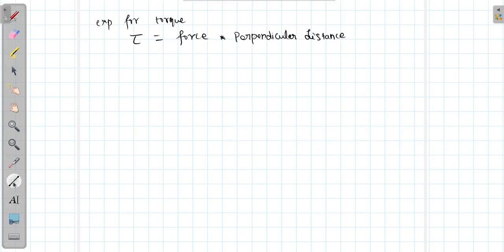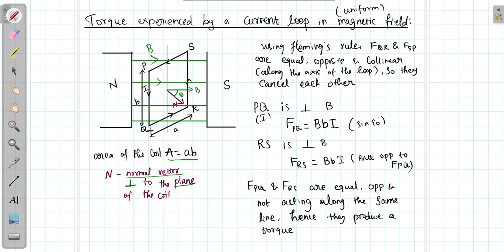One more diagram. See this. This is the length A, the actual part of the loop, length A. And now we are experiencing a force. In the previous case, I forgot to mention the direction of force.